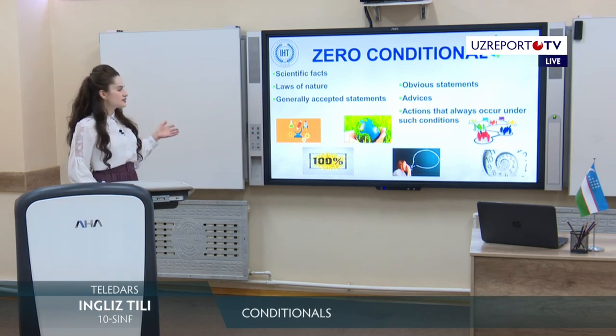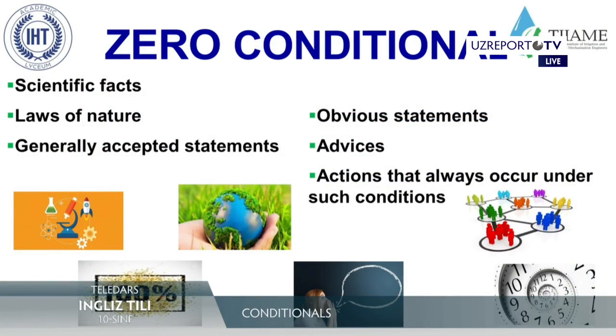Laws of nature: natural facts that couldn't be changed in any way, for example, the rising of the sun or sunset. Then, generally accepted statements: experience that people got for ages, for centuries. That's why we should believe these statements in any way.